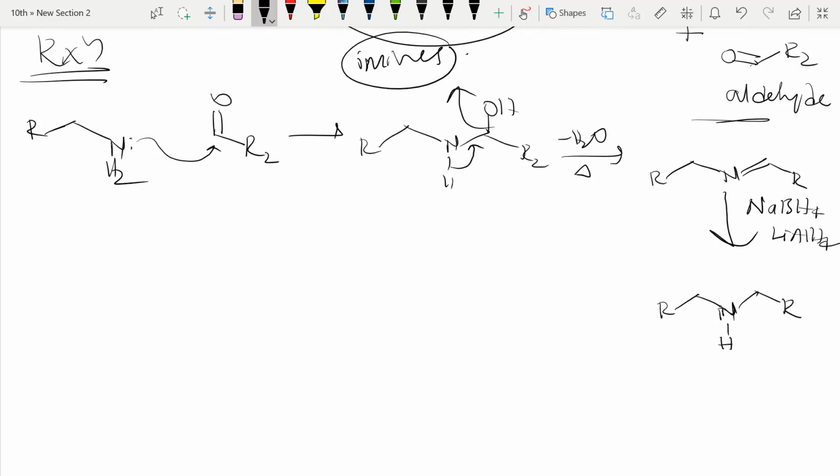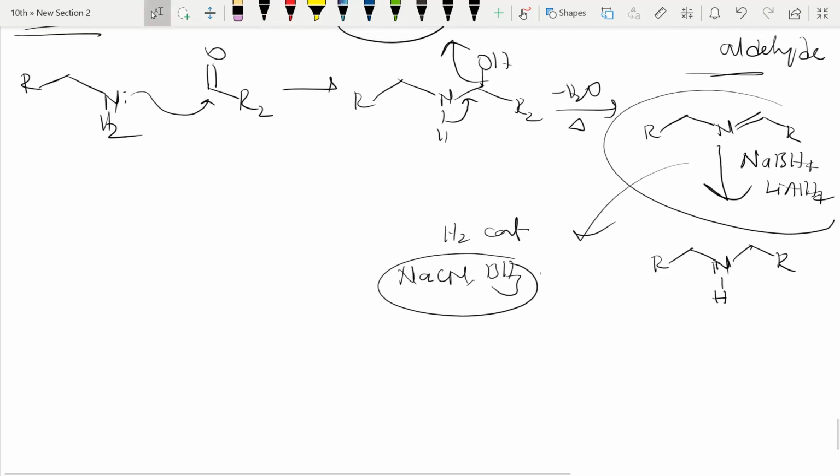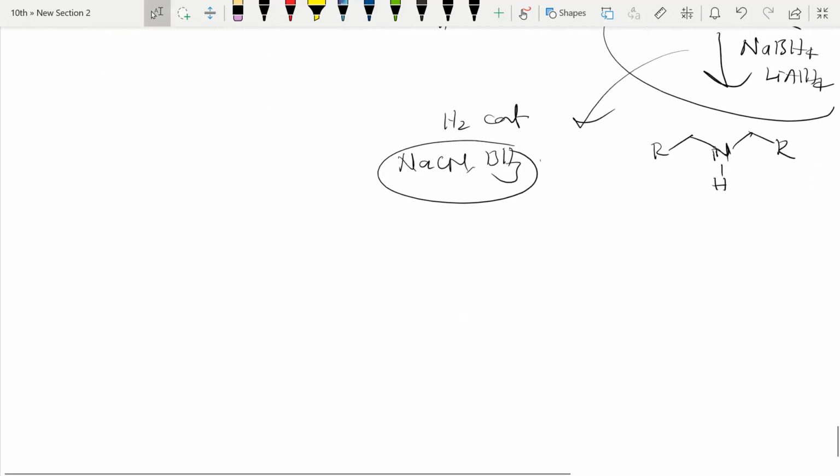So here if I reduce this using NaBH4 or LiAlH4, I will get this starting material. And not only these reagents, we can use hydrogen in the presence of a catalyst, or NaCNBH3, right? There are many reducing agents, about which I have also discussed, you can watch them, right?